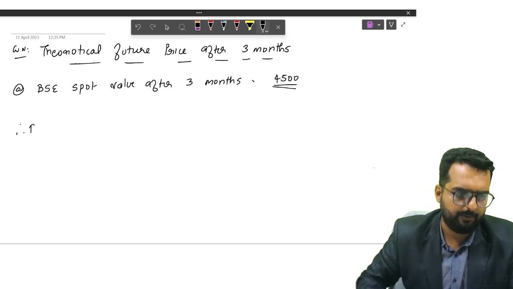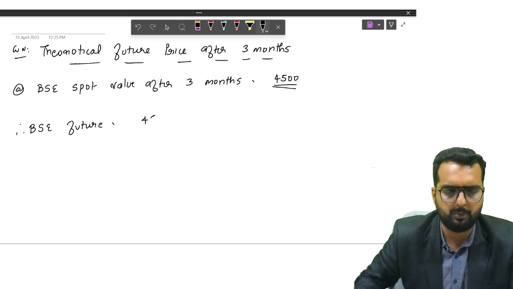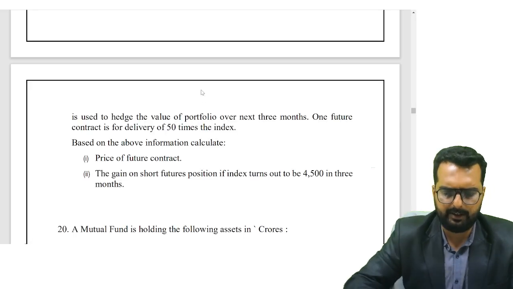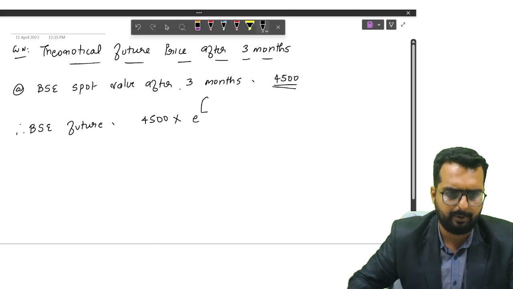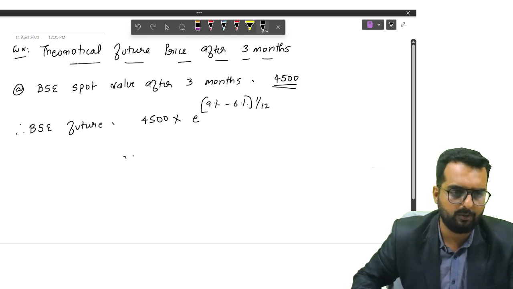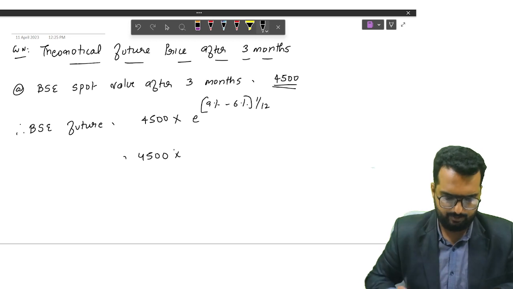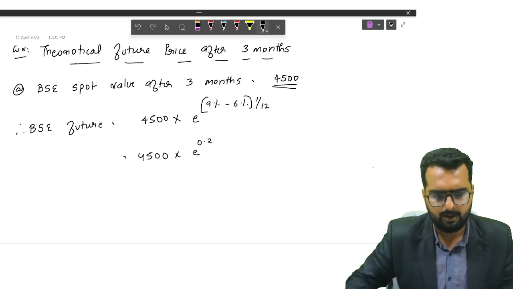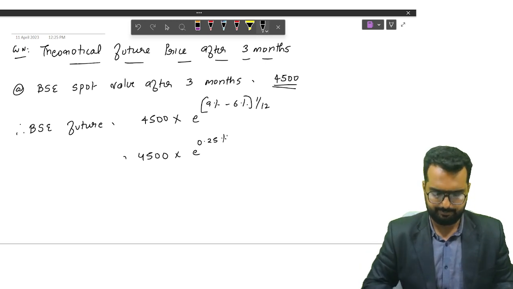Am I right? Therefore, BSE futures will be equal to S0 into e raised to, what is the interest rate they have told over here? 9 minus 6, into 1 by 12 is what I will do now. So 9 minus 6 divided by 12 if I do, it will be e raised to 0.25 percentage.